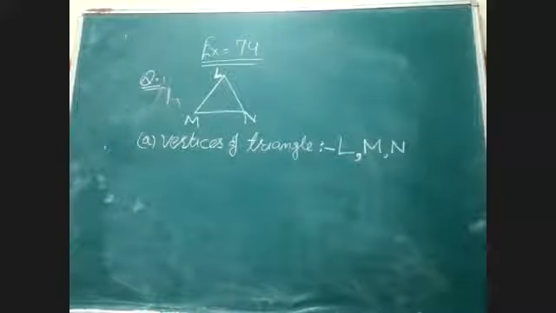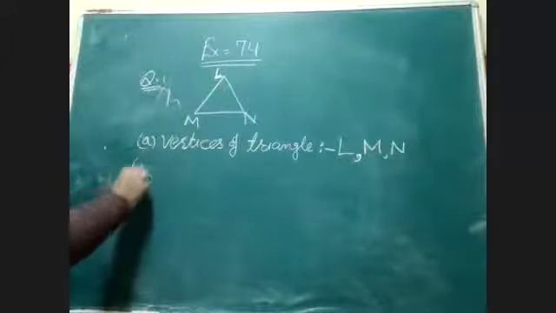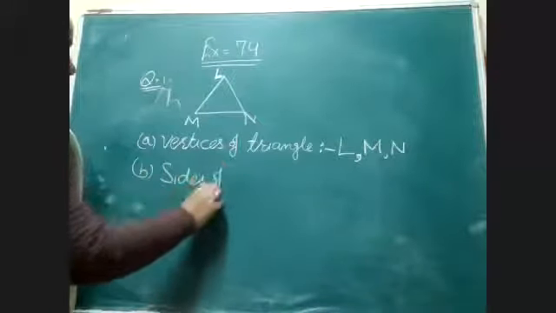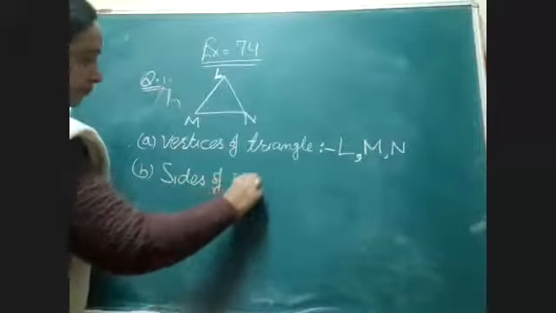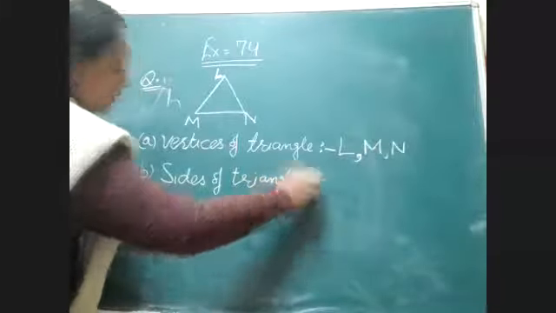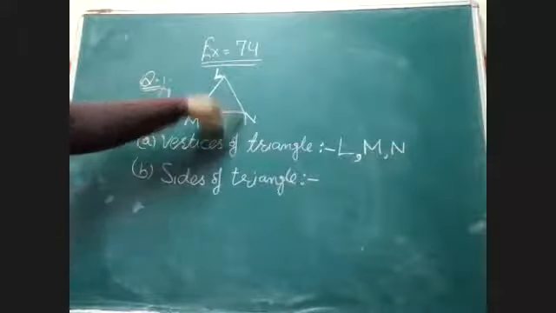Next is part B, sides of the triangle. What are the three sides? LM, MN, and NL.